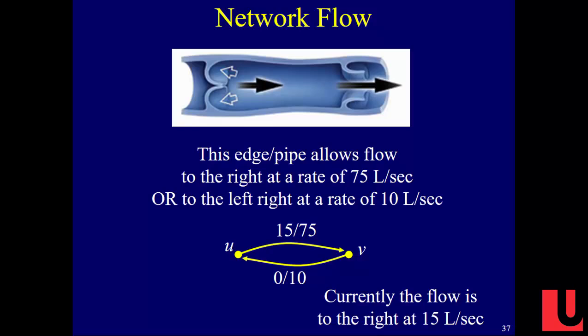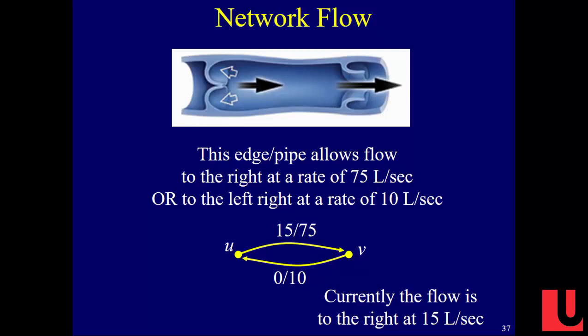So currently, we have a flow going this way of 15, and we're allowed a flow of 75, right? So if we want to think how much more can flow this way, well, everybody can see how much more can we push this way? 60. Exactly, 75 minus the 15, right? But now let's think about how much we can change the flow this way. Well, the amount we can have this way is 10, right?